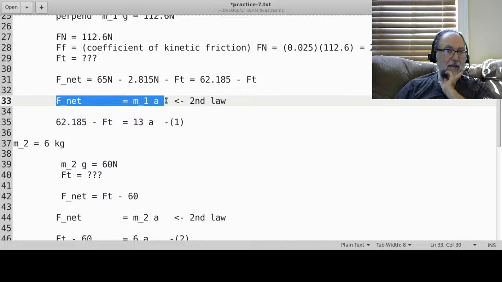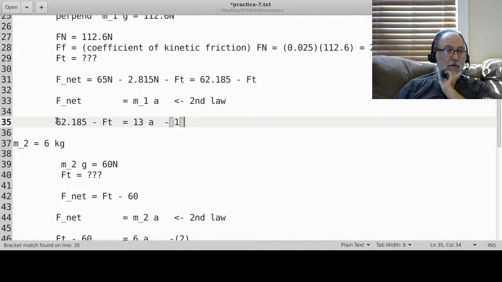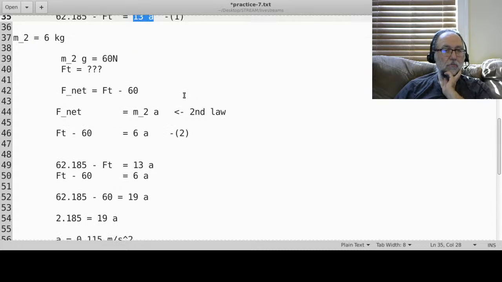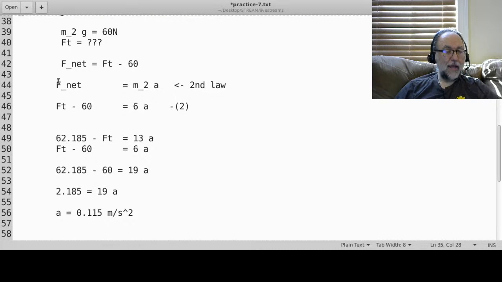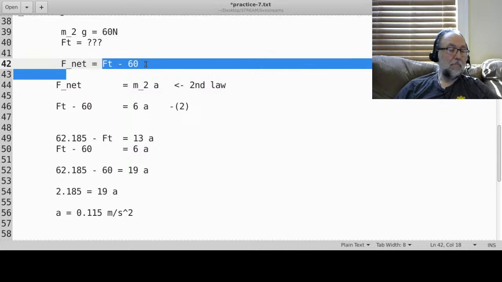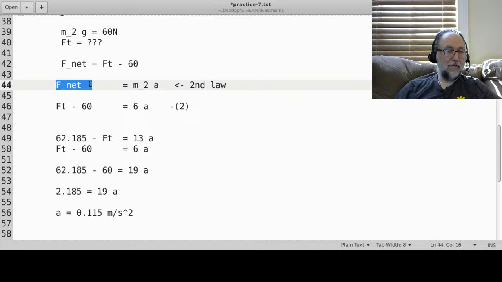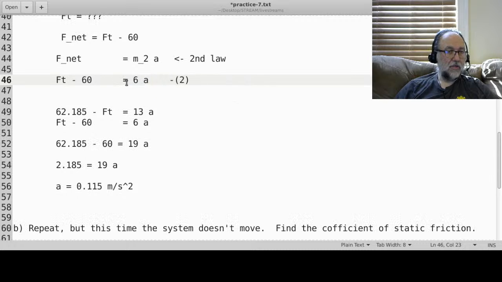F net is equal to M1A, so 62.185 minus FT equals M1, which is 13, times A. That gives us equation 1. For equation 2, F net equals FT up minus the 60 down, so FT minus 60 equals M2A, which is 6 times A. That's our second equation.